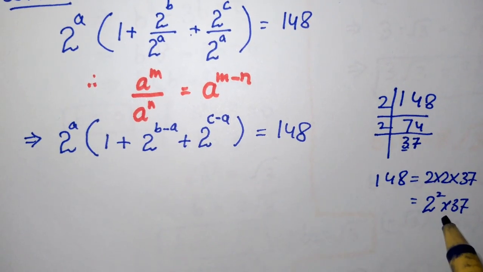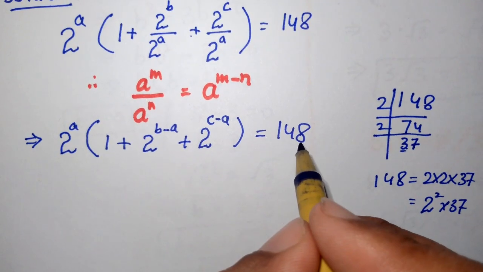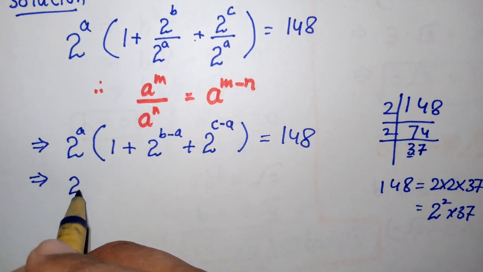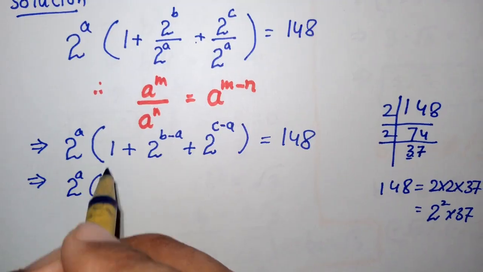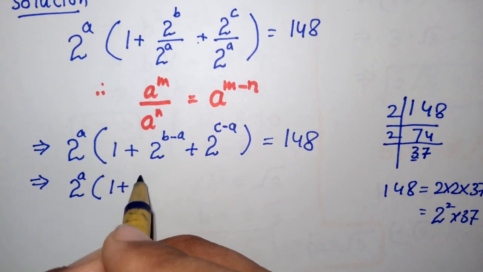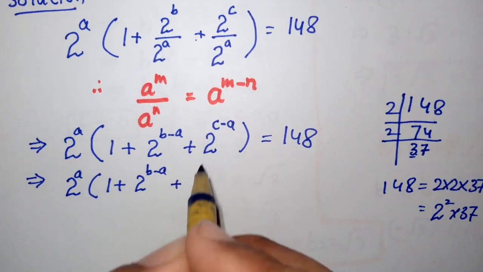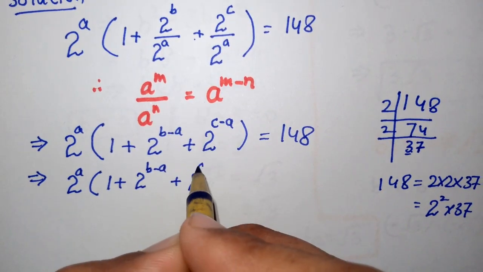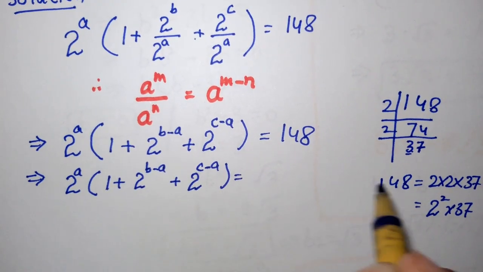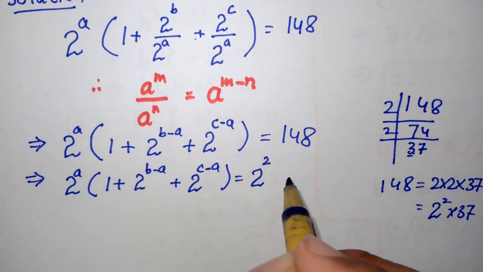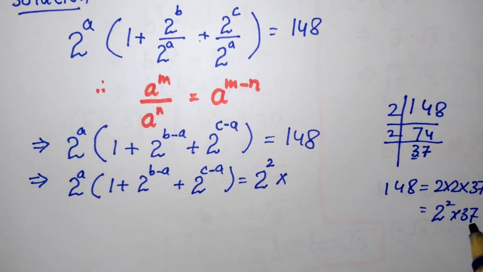So we write this factorization in place of 148, so this will become 2 to the power of a bracket 1 plus 2 to the power of b minus a plus 2 to the power of c minus a is equal to 2 to the power of 2 times 37.